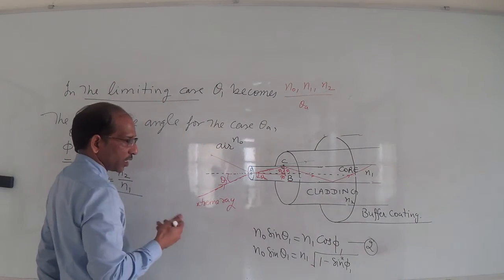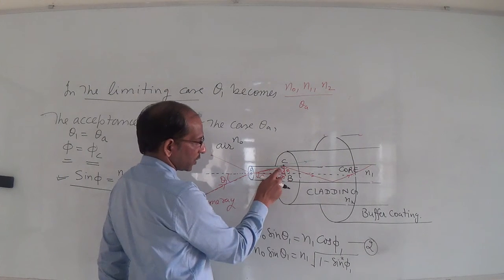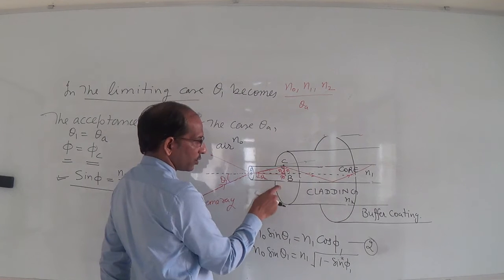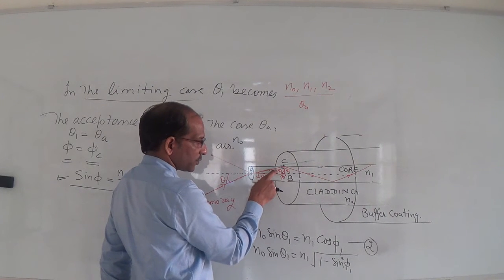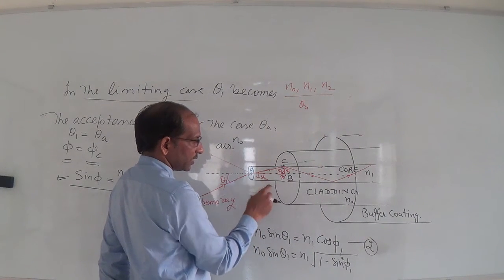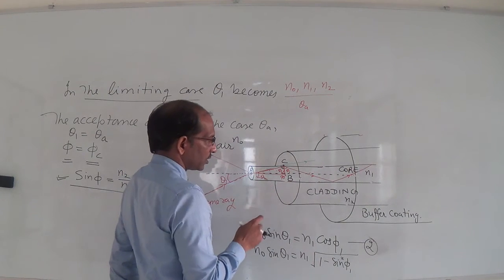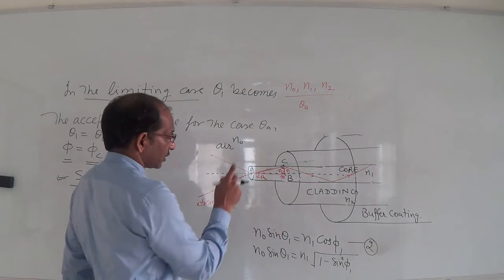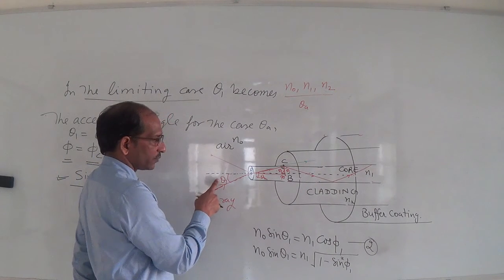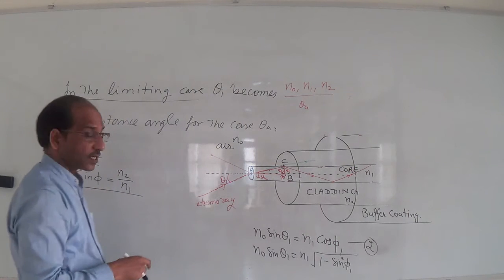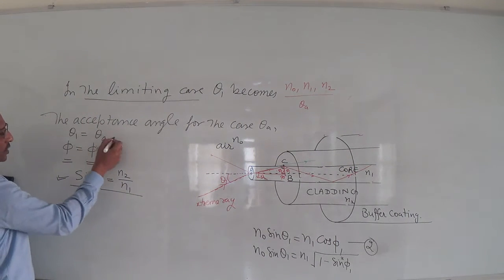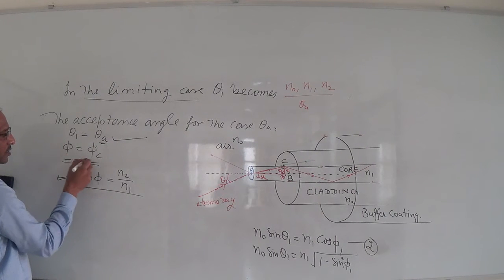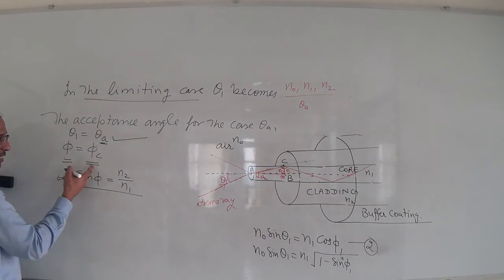This light ray gets reflected into the core only when this phi 1 is equal to the critical angle or greater than the critical angle. So at that time this theta 1 will be the acceptance angle. So theta 1 is acceptance angle theta a and phi is equal to phi c.